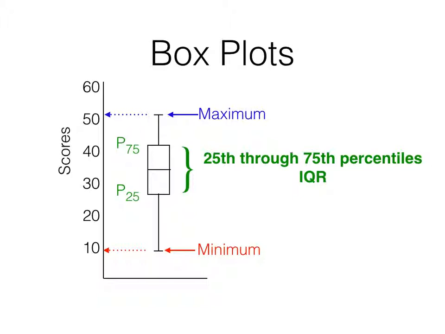The rectangle represents the scores from the 25th percentile at the bottom of the rectangle, which is the top of the first quartile, to the 75th percentile, or the third quartile. Basically you're taking a percentile of 100 and breaking it into 4 quartiles. So it's showing you the middle two. These are called the reasonable values.